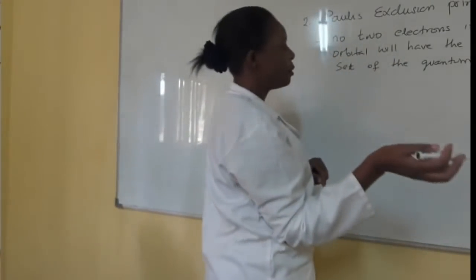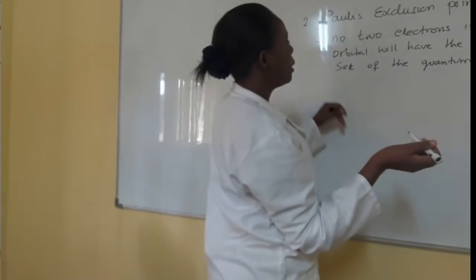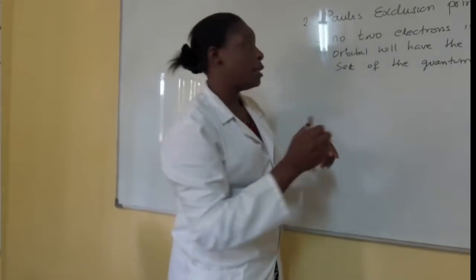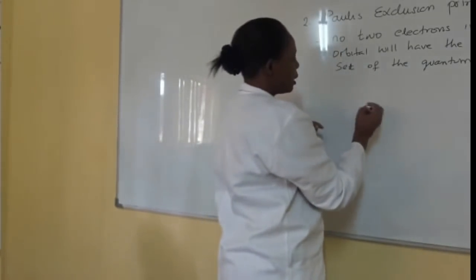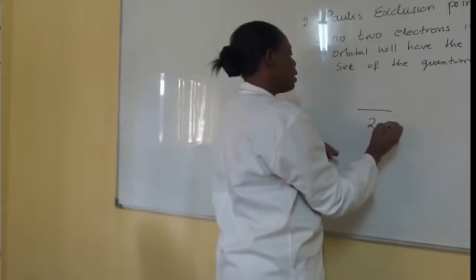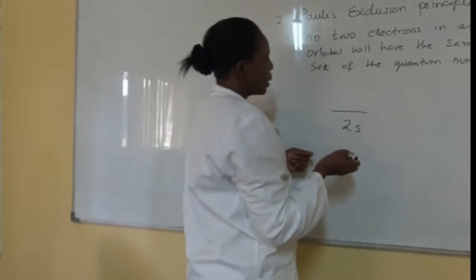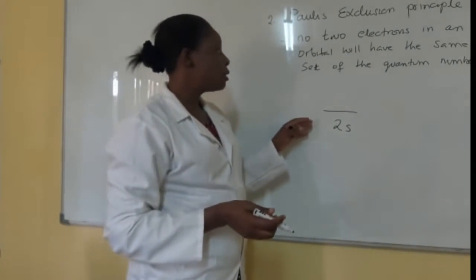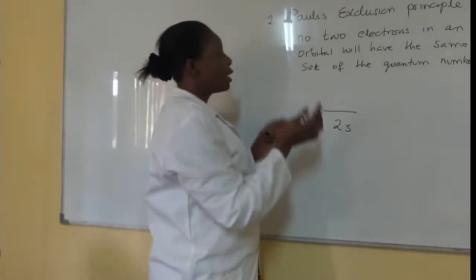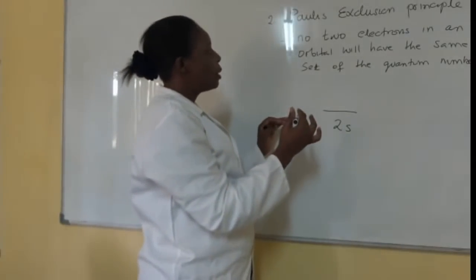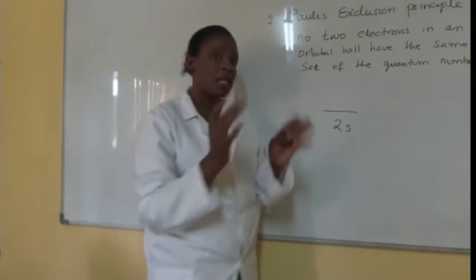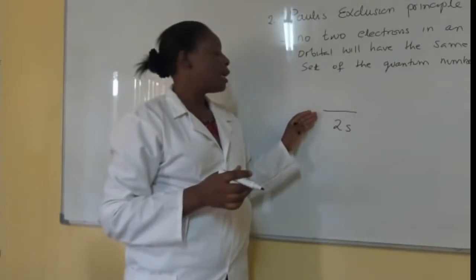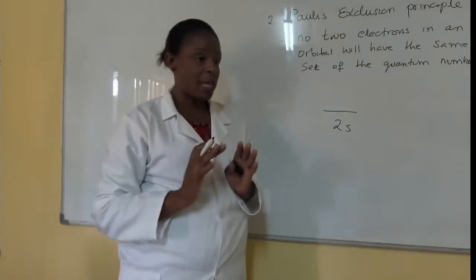Let us look at an illustration of what this principle entails. So let us look at, for instance, I'll pick maybe a 2s orbital. Okay, and if you want to load electrons in this, what this principle says is, of course, we know that the maximum number of electrons an orbital can accommodate is 2 electrons.